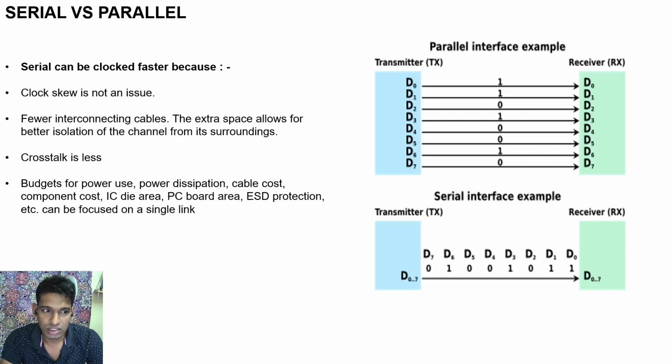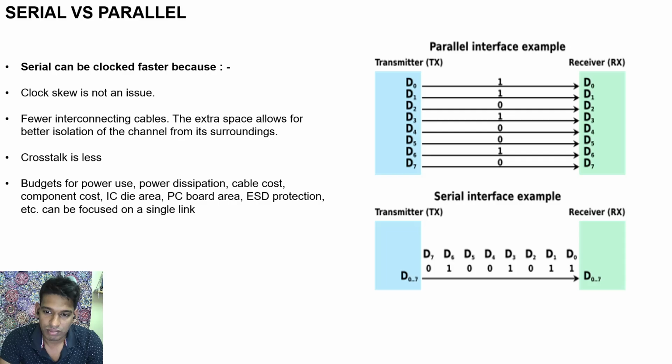Then you can design the channel such that the channel length is the same. You can form a PCB trace, or a copper trace on a PCB board, such that the length of the trace is the same for all the 8 bits. This is possible to do when you are designing the entire system. You're designing the receiver, the transmitter, and the channel. So that is when a parallel interface is a feasible thing.